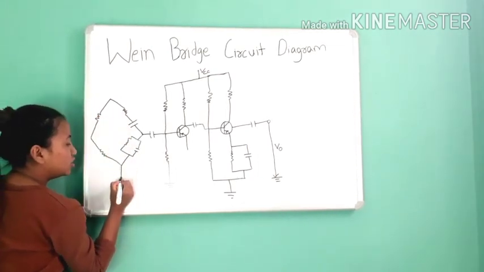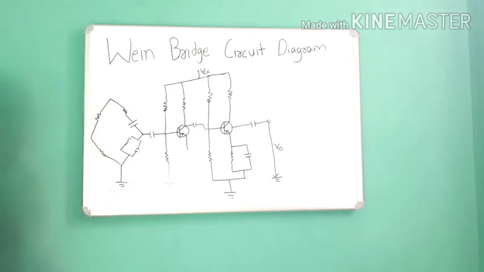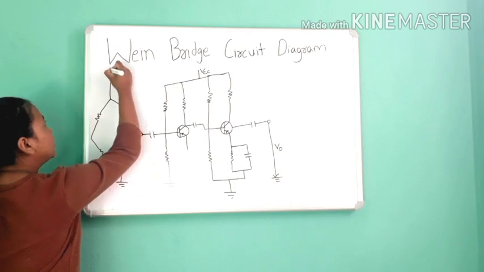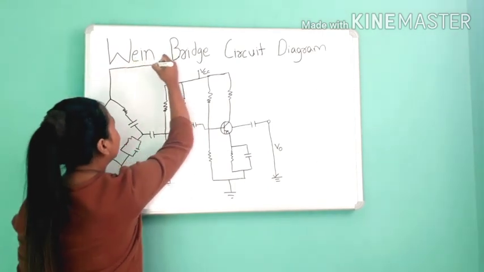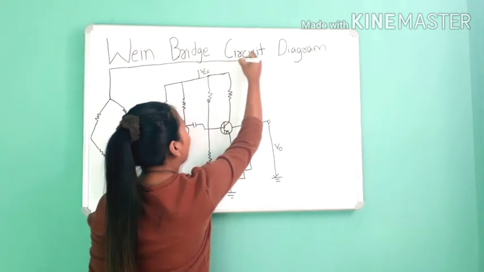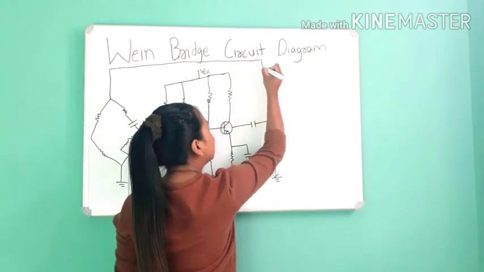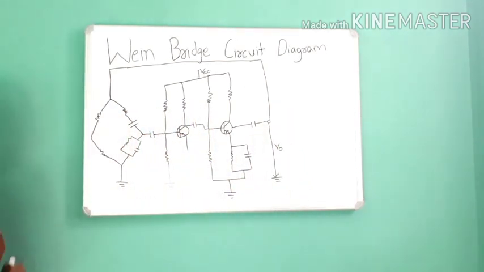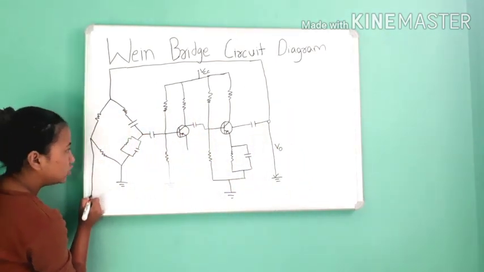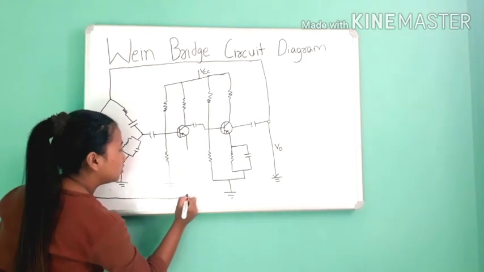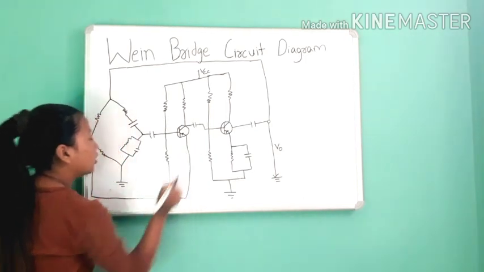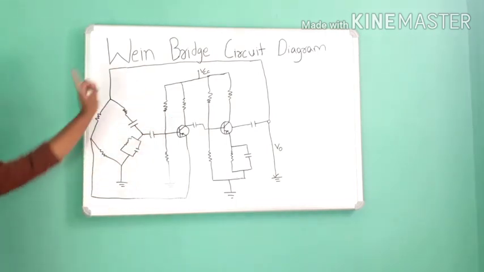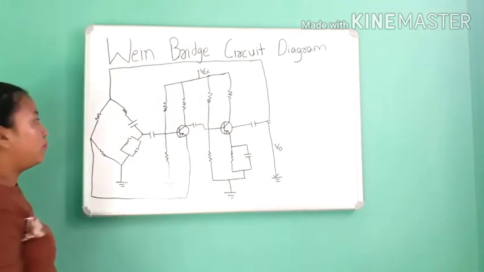This bridge circuit is also grounded. From this point it is connected to the output terminal. And this point is connected to the first circuit. So this is a diagram of Wein bridge circuit diagram.